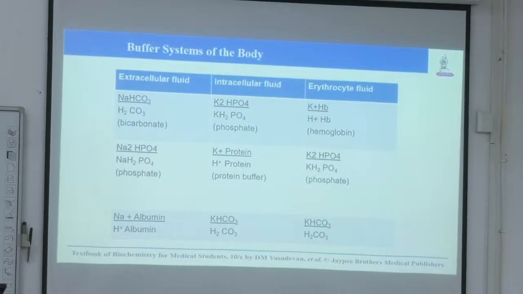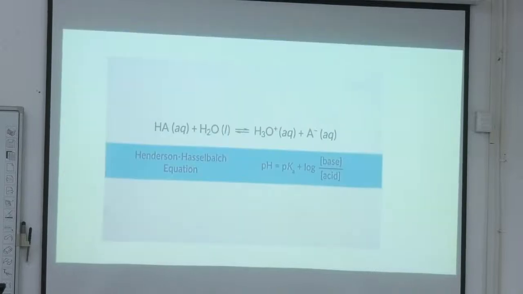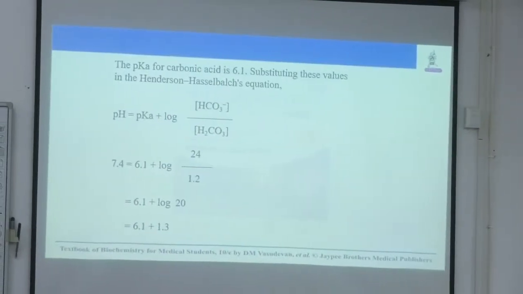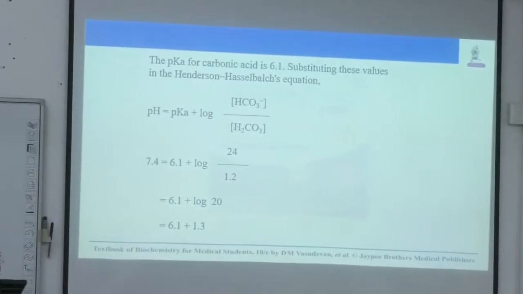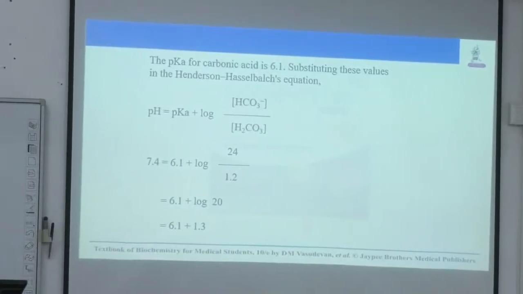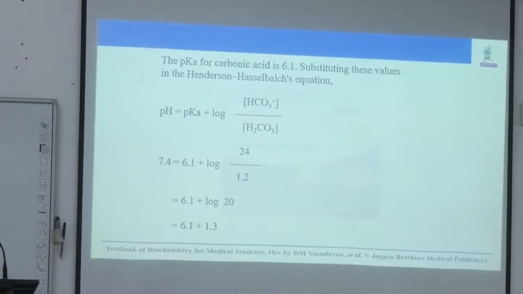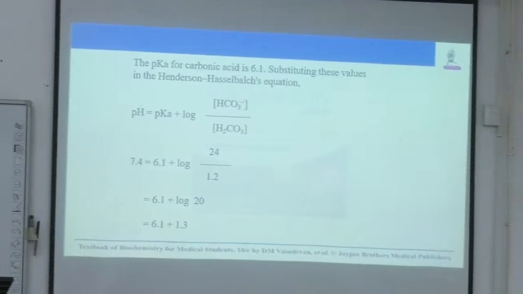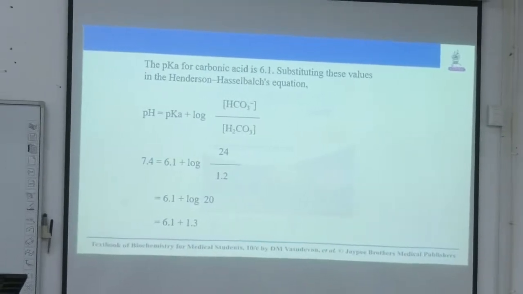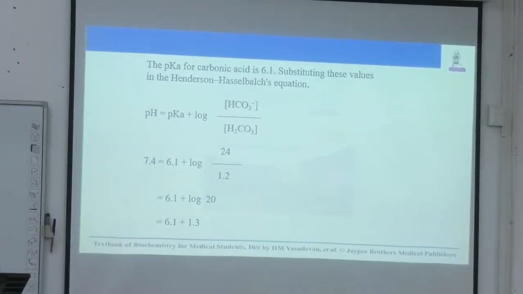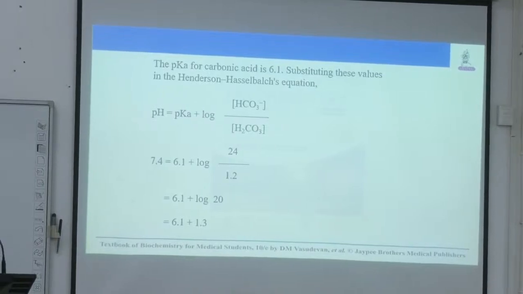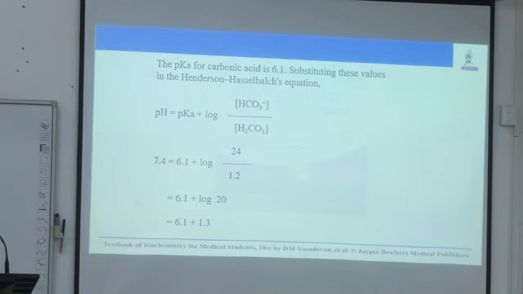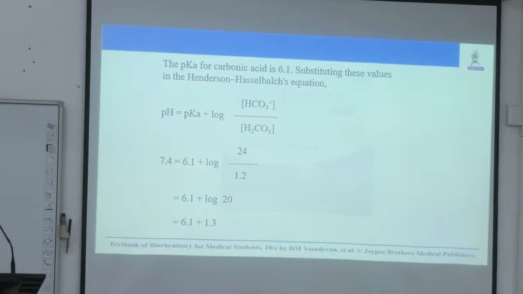Fine. Now we will see this equation. When we say how the bicarbonate buffer acts or functions, we must deduce this equation. According to this equation, pH is equal to pKa plus log of base by acid.